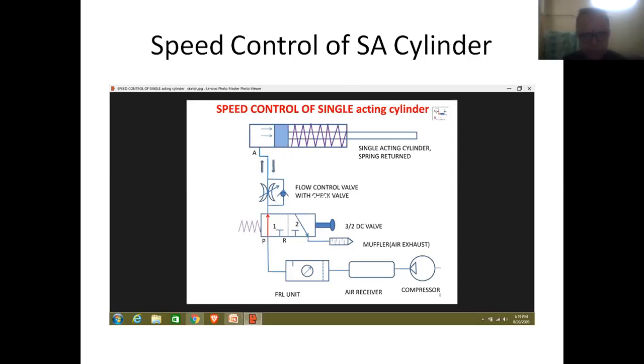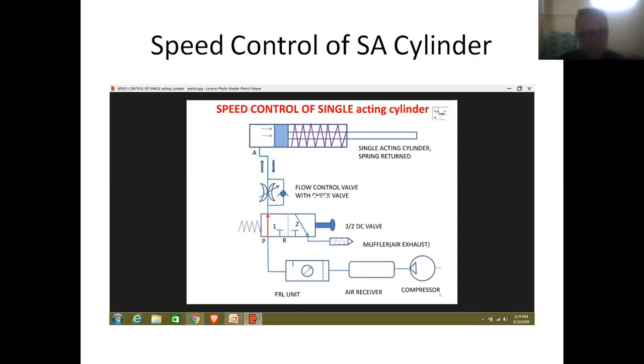So friends, the compressor is the vital component of a pneumatic circuit, used for generating high pressure air, and the high pressure air coming out of the compressor is stored in this reservoir. It's called an air receiver.